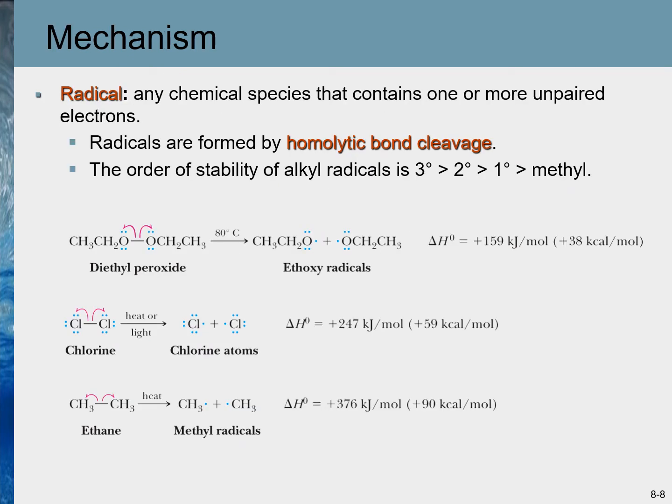From the detailed studies of conditions and products for halogenation of alkanes, scientists have concluded that these reactions occur by a special type of mechanism known as radical chain mechanism. Now, radicals are any chemical species that contain one or more unpaired electrons.